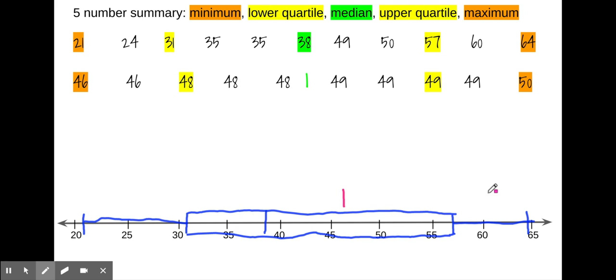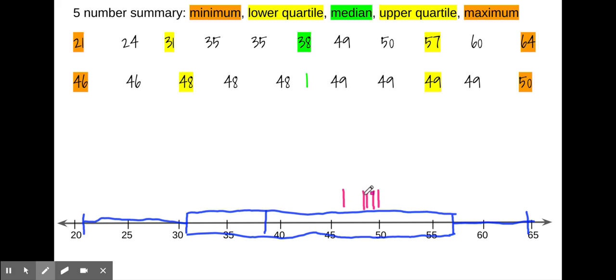And then I'm going to go to my maximum, which is 50. All right, now in the middle here, I see that I have 48 and a half is my median. My upper quartile is 49, and my lower quartile is 48.